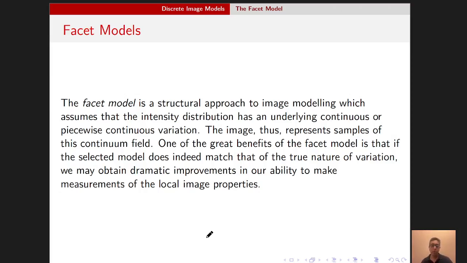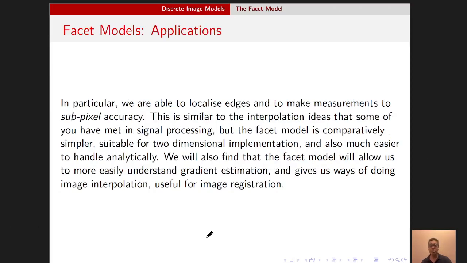So this is what we're going to start with. There are different types of facet models. The class of facet model we're going to look at is useful as a conceptual tool to work out the relationship between gradients and how you estimate gradients or rate of change of intensity in an image.